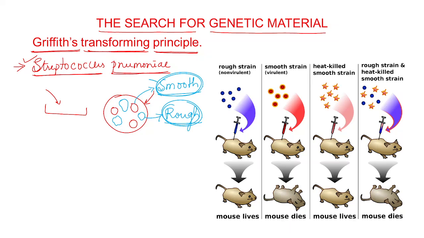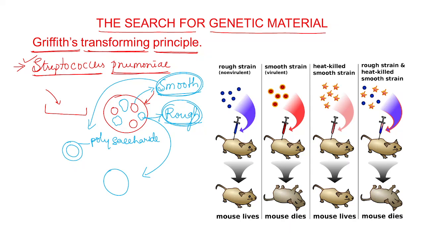Then he studied them properly and observed them carefully and came to know that the smooth colonied bacteria had a polysaccharide coat on them. But the bacteria belonging to the rough colony did not have any polysaccharide coat.